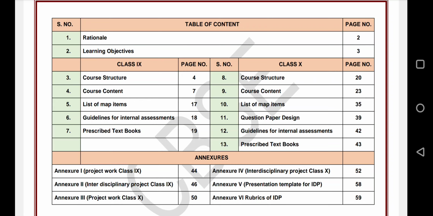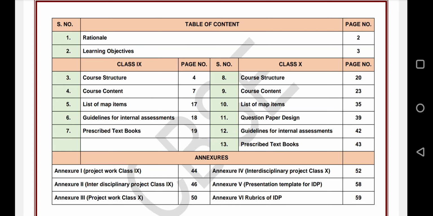Then we have the prescribed textbooks list that we will discuss, and then we have the project work of 9th class, and then we have the interdisciplinary project of 9th class. So we'll be discussing all this, but we'll start from the importance of the social science subject and what the objectives are to learn social science, right?